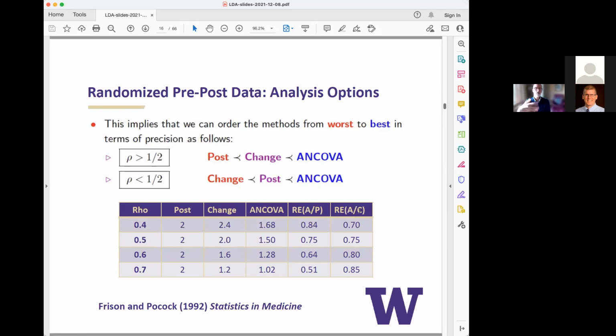It's given as a relative variance, meaning it's always less than 1. ANCOVA is more precise, with smaller variance. How much smaller? ANCOVA gets better and better compared to post only as that pre-post correlation goes up, and relative to change, it gets less and less better as that pre-post correlation goes up.